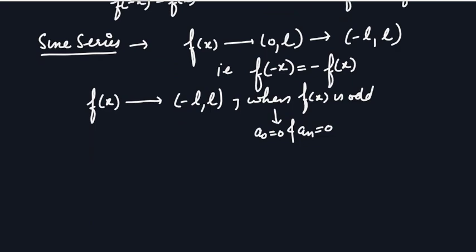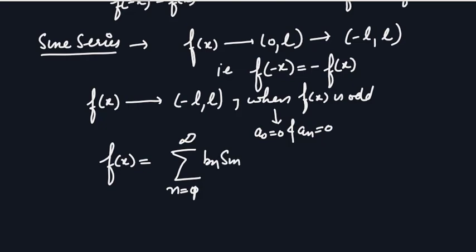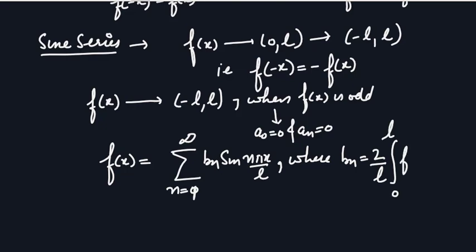Then we can write the Fourier series of the function f of x in the interval minus L to L as summation n from 1 to infinity bn sine of n pi x by L, where bn is 2 by L integral 0 to L f of x sine of n pi x by L dx.